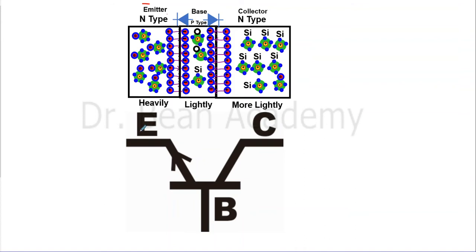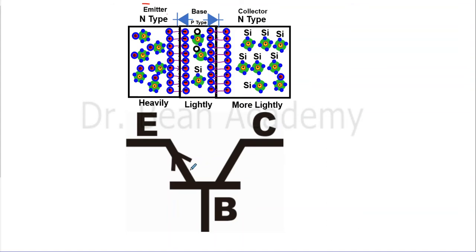Special is when the emitter and base junction is in forward bias mode and base and collector is in reverse bias mode. So whenever I want to show the transistor diagram, I will present this circuit symbol for a transistor because it's easier to understand and it takes less space.